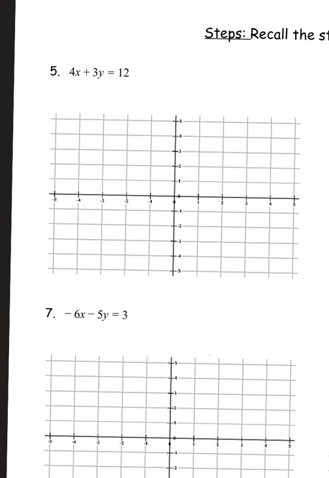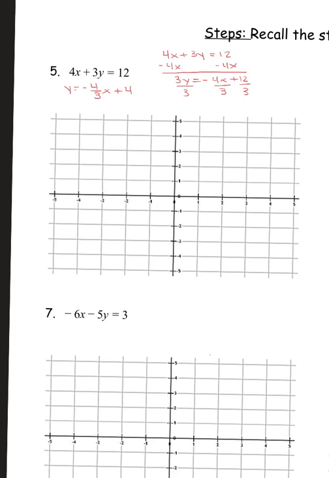We're going to subtract 4x from both sides, and we get 3y is equal to negative 4x plus 12. Divide both sides by 3, so each term on the right gets divided by 3. And we get y is equal to negative 4 over 3x plus 4.